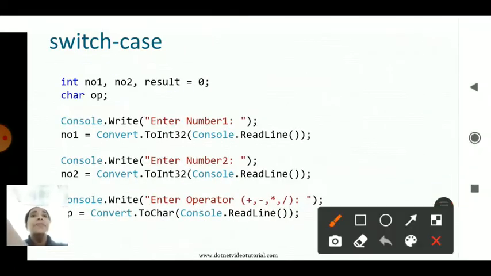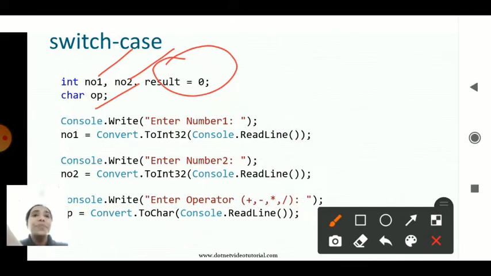Before that, here we have two integer numbers, number 1 and number 2, and a result which is initialized to 0, and an operator I am using for certain calculations. It may be addition, multiplication or division, so I will include that particular character operator.